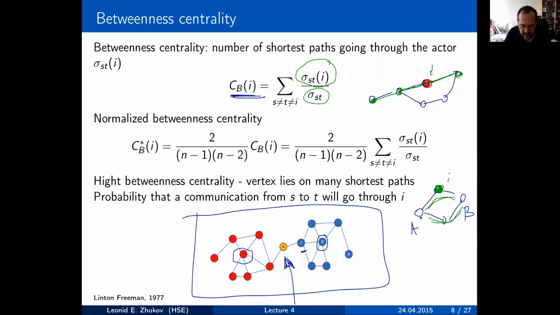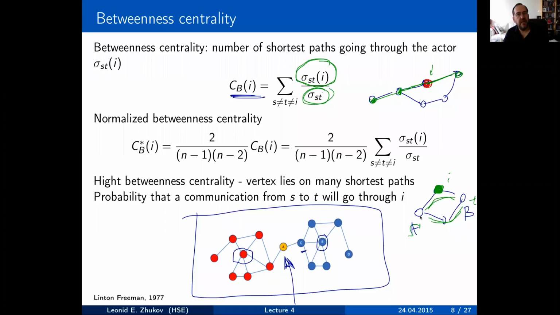You can go that way or that way. So the value of the node I will be 1/2. There is one path that goes through I, and there are two paths between node S and node T.